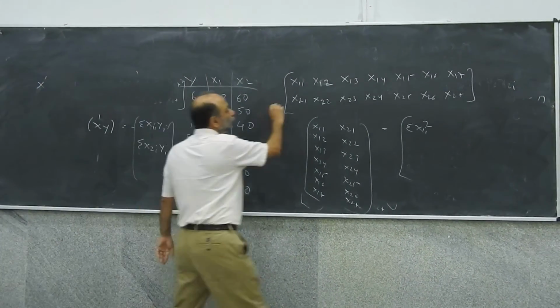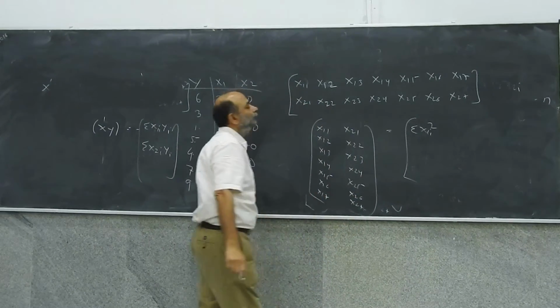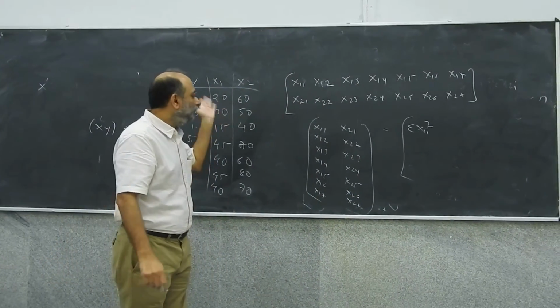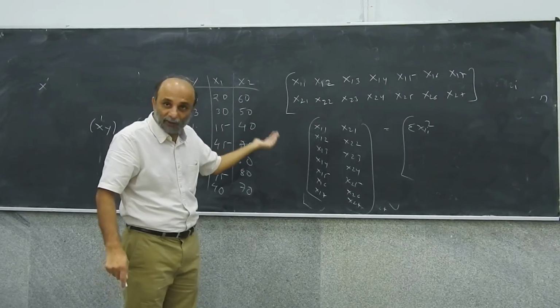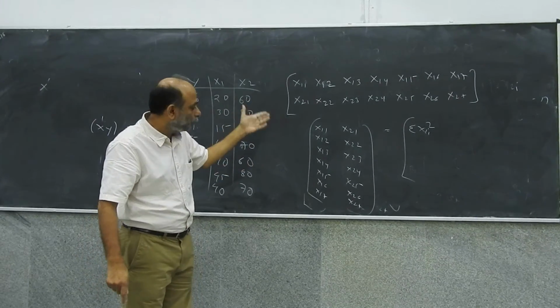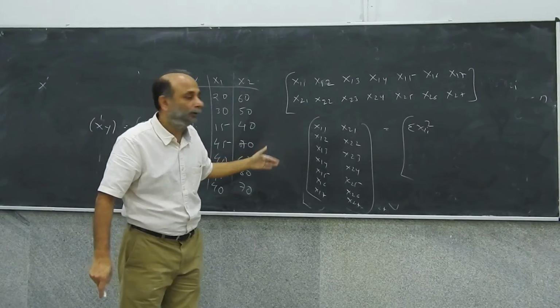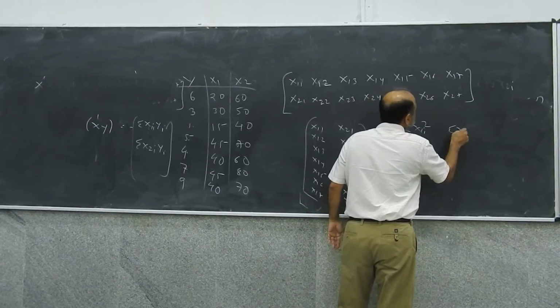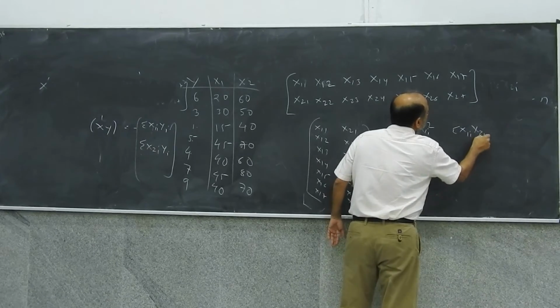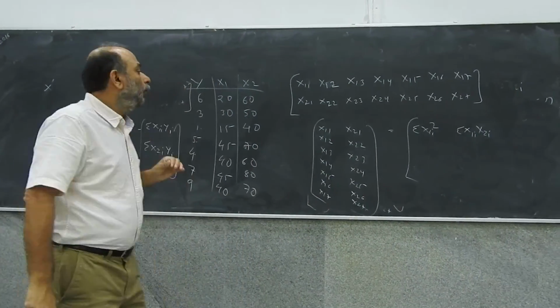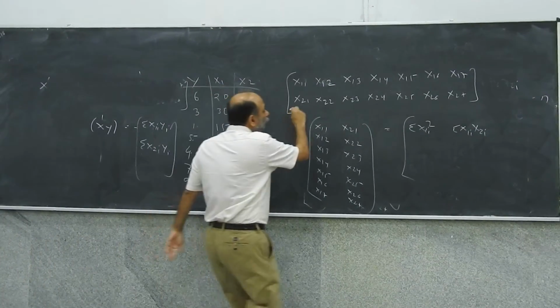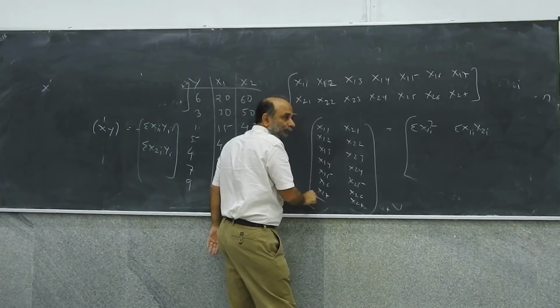What is the first row into the second column? x1i into x2i plus x12 into x22 plus x13 into x23 plus x14 into x24, and so on, which is summation x1i x2i, right?